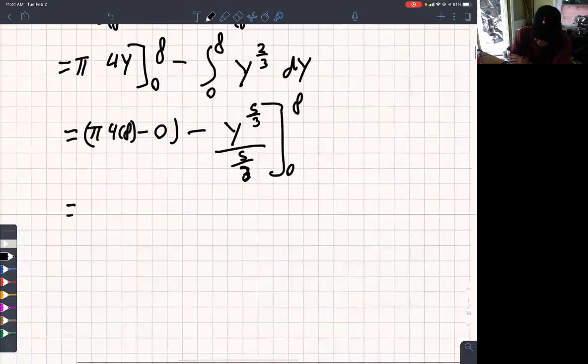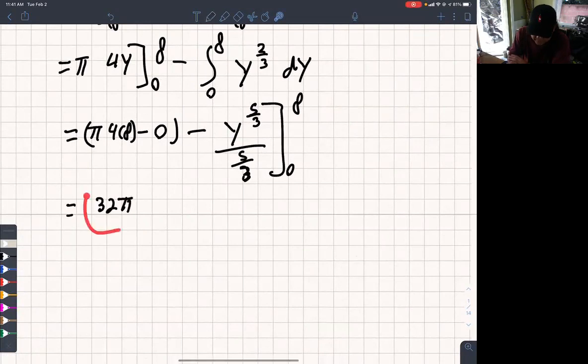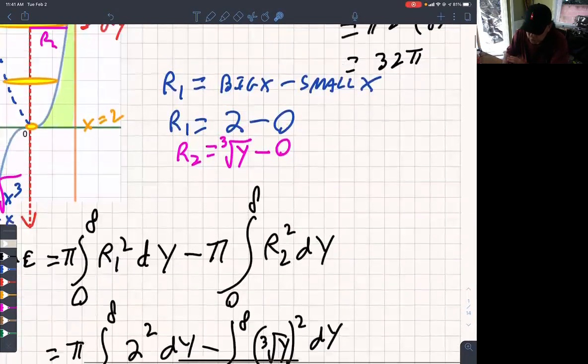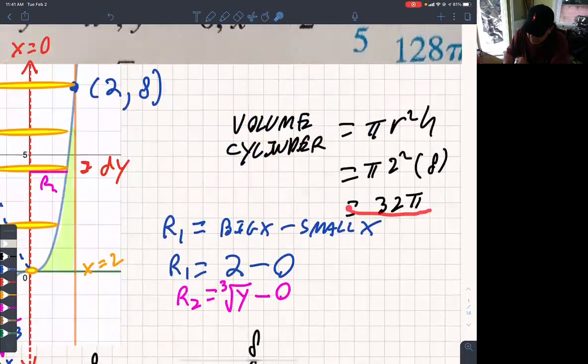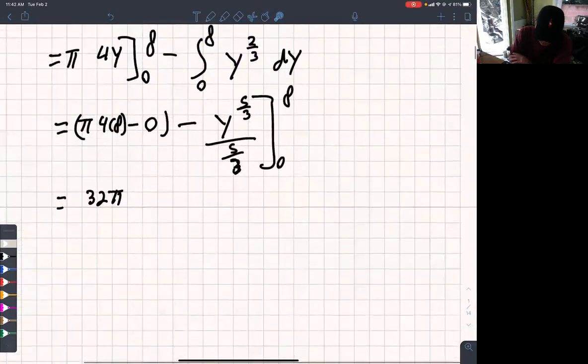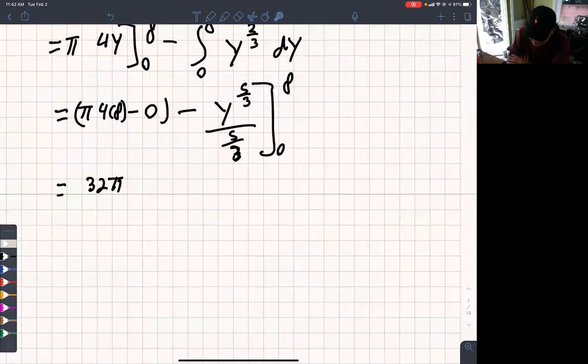Let's keep going. And at this point, I want to note, after we took the antiderivative, we got 32 pi. If you would have used pi r squared h, you also would have got 32 pi. So you could have done that and saved yourself some time. Now, dividing by 5/3 is the same as multiplying by 3/5.